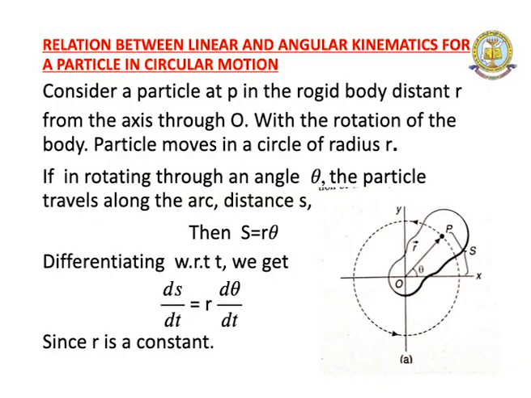Now d theta by dt means omega, the angular velocity. Omega is equal to d theta by dt, so r into omega. And ds by dt, the rate of change of displacement, is v.